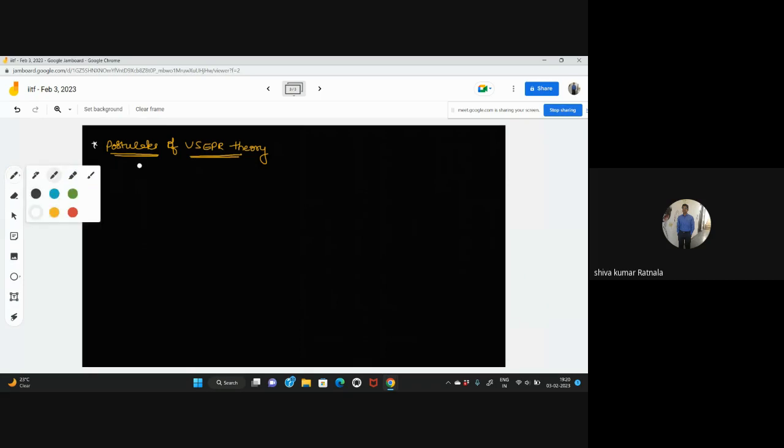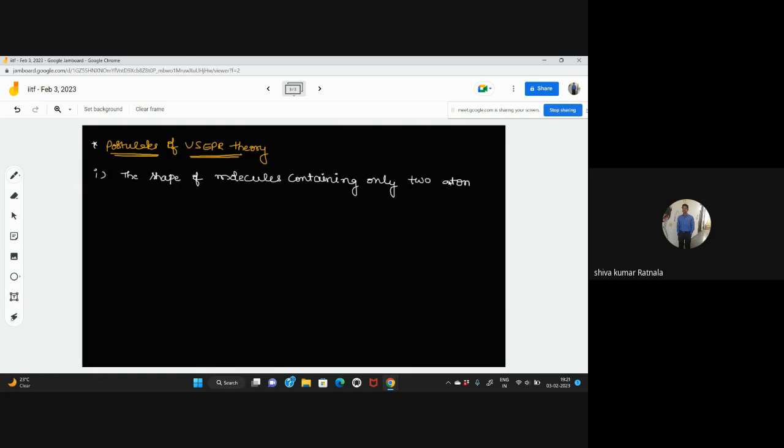First, the shape of molecules containing only two atoms is always linear.